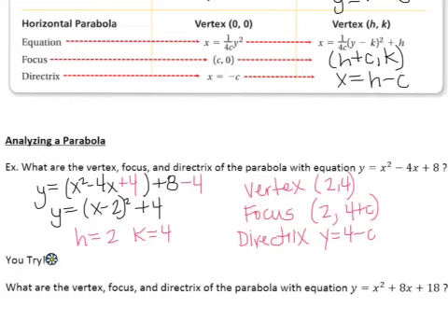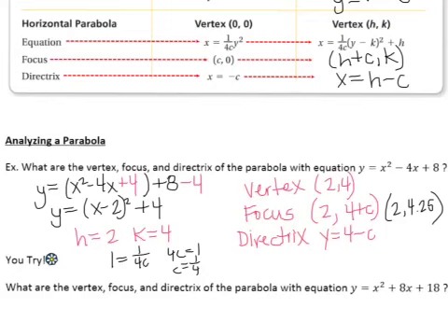So we know a is 1, so 1 is equal to 1 over 4c. So to solve for c, we can cross multiply, and we get 4c is equal to 1, so c must be equal to 1/4. So substituting that in over here, our focus then is at 2, comma, 4.25, and our directrix is at, oh, it's not an ordered pair, it's an equation.